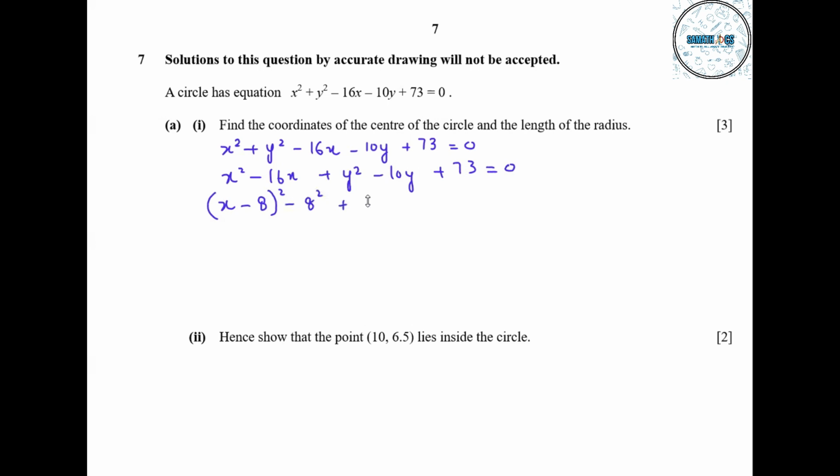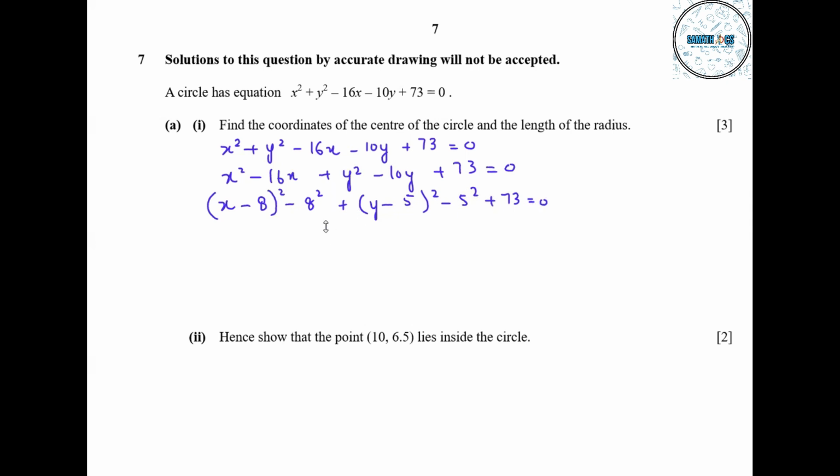Then plus y, we'll take y from here. We'll write the minus sign, we will divide it by 2, we'll write whole square. And then we will write minus 5 square. And plus 73 is to be written as it is.